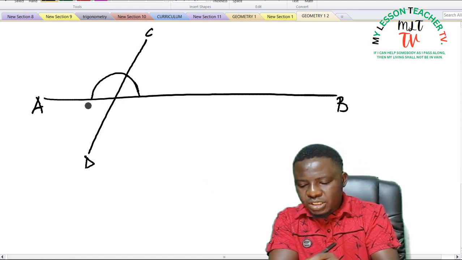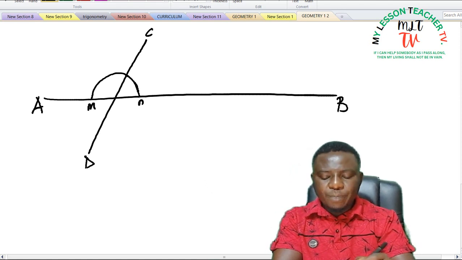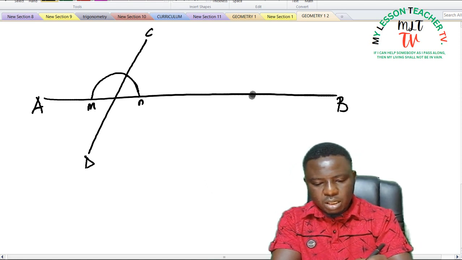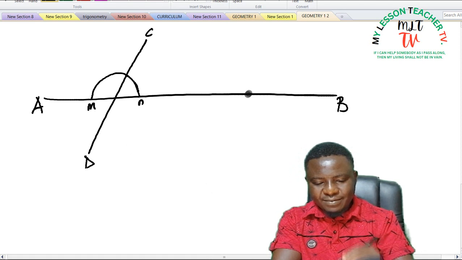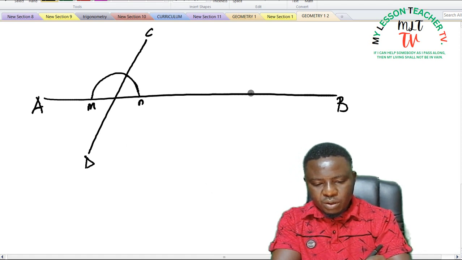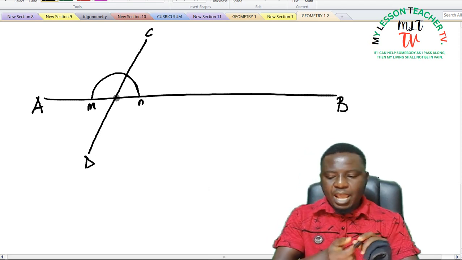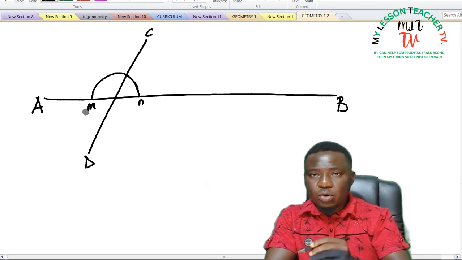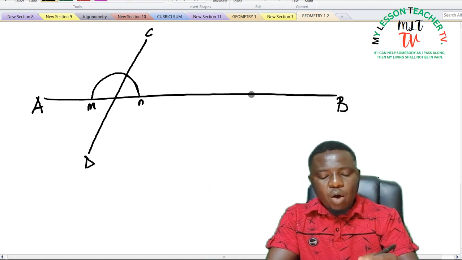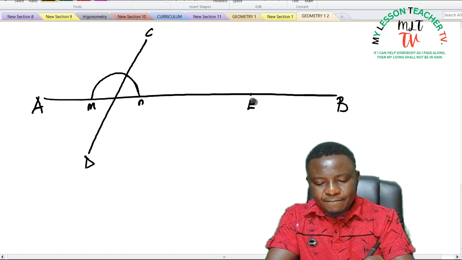Let me call these points M and N. I'll also pick a point here, let me call this point E. The radius I used in constructing this semicircle MN, I'll also take it to point E.